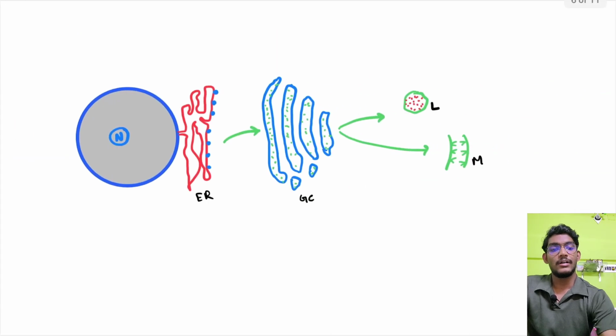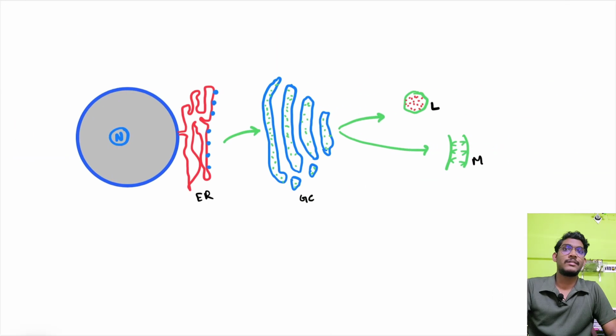Now let's assume that you are reading protein trafficking. Basically, proteins are synthesized in ribosomes. Ribosomes might be present in the cytosol, cytoplasm, or they are bound to the endoplasmic reticulum. After synthesis, the protein will be transported in vesicles to the Golgi complex, and in the Golgi complex certain modifications will take place.